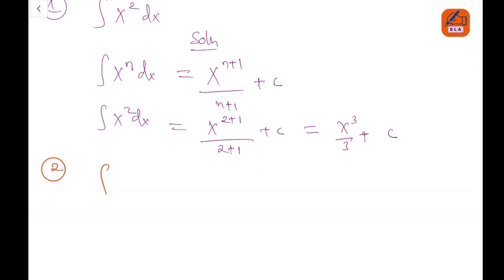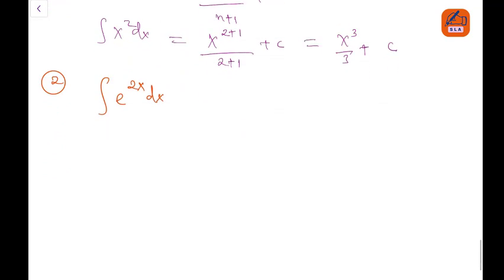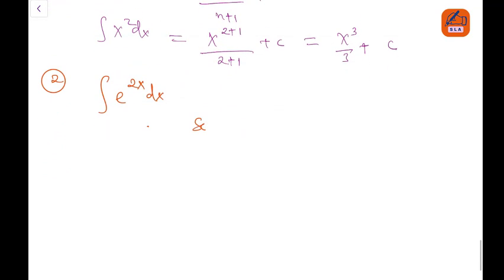For example, we have e to the 2x dx. What we do is this. We have seen this one. This one could look like e to the x dx, which normally we said is e to the x plus c, but here there is 2. So this one is like e to the kx dx.